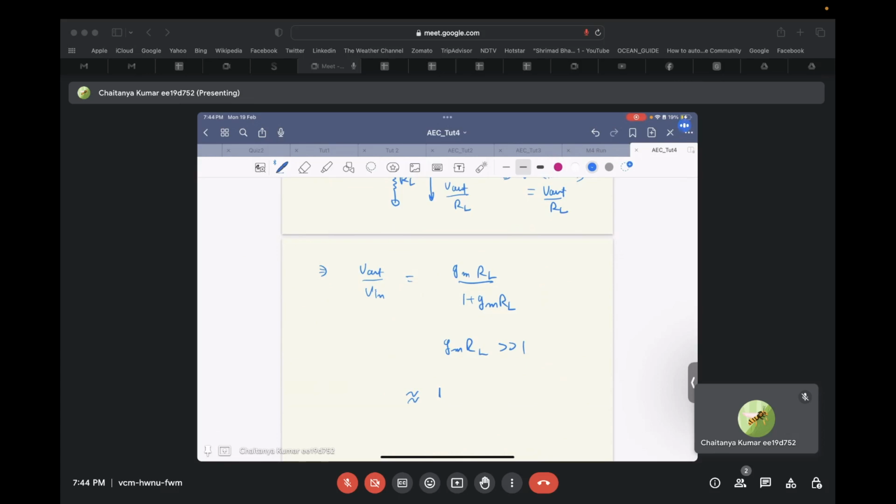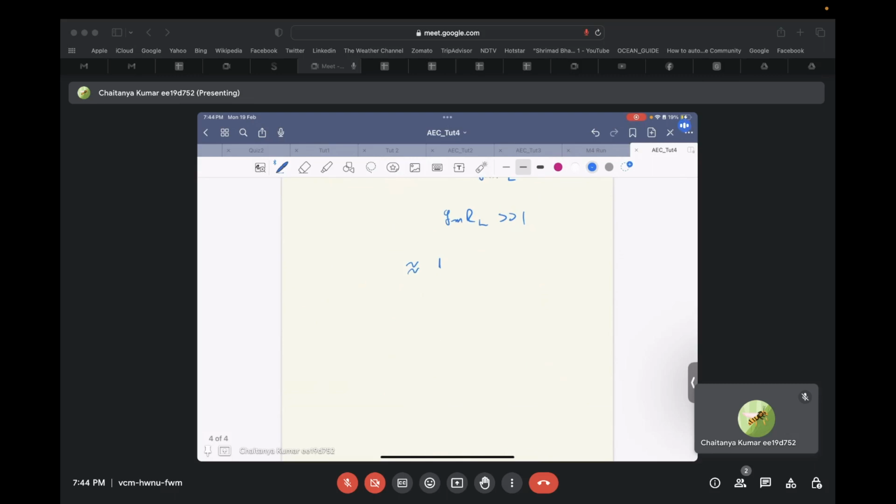Now one would argue, so how can we make a voltage controlled voltage source with a gain larger than 1? So there are two ways, let's see what can be done for that.